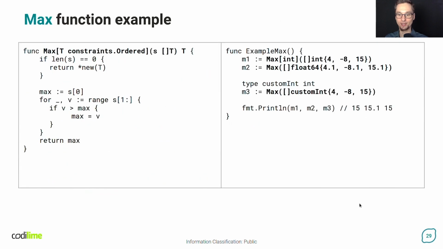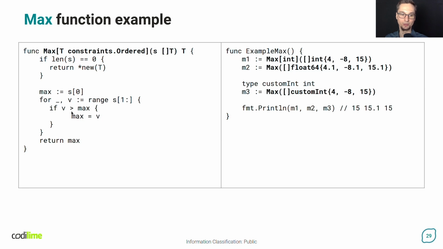Okay, so let's take a look at how this max function would look using type parameters. To implement the max function, we need to use this constraint ordered. So this function takes a slice of T, and T has a constraint ordered, because in the implementation of max we are using this operator.